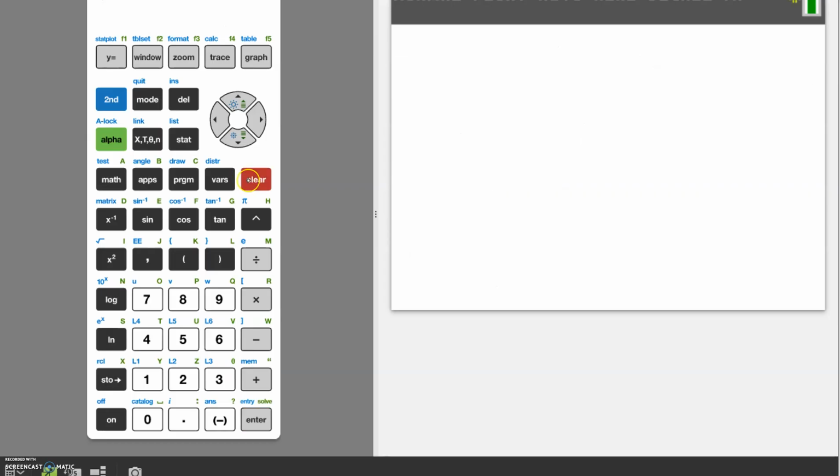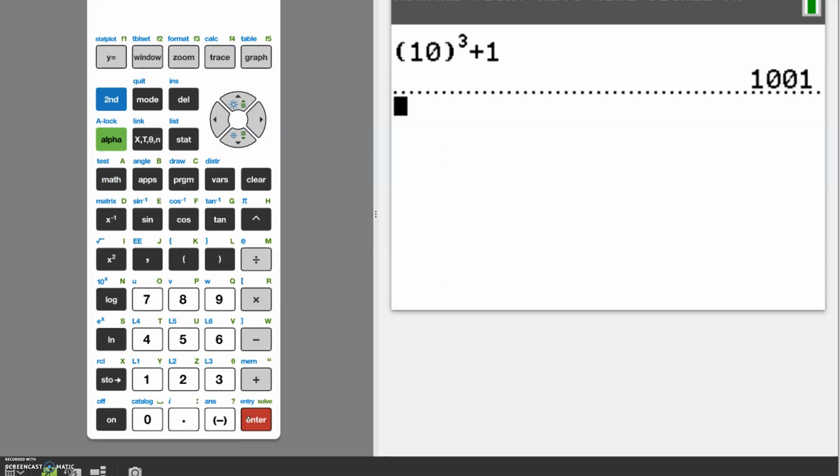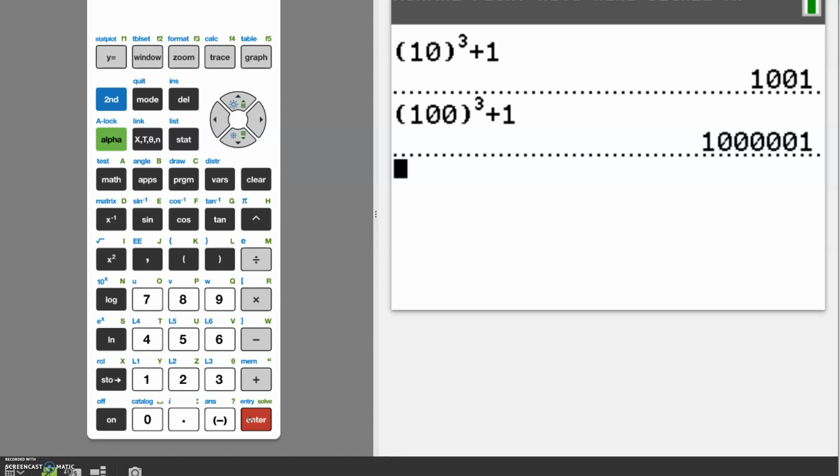So I'm going to come back here, and I'm going to put in 10, and I'm going to cube it, and then add 1. I get a very big value for my y. If I put in positive 100, and I cube it, and add 1, I get an even bigger value.